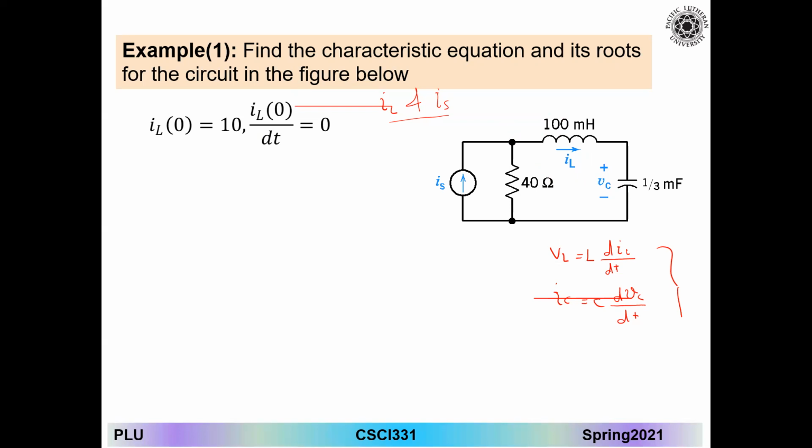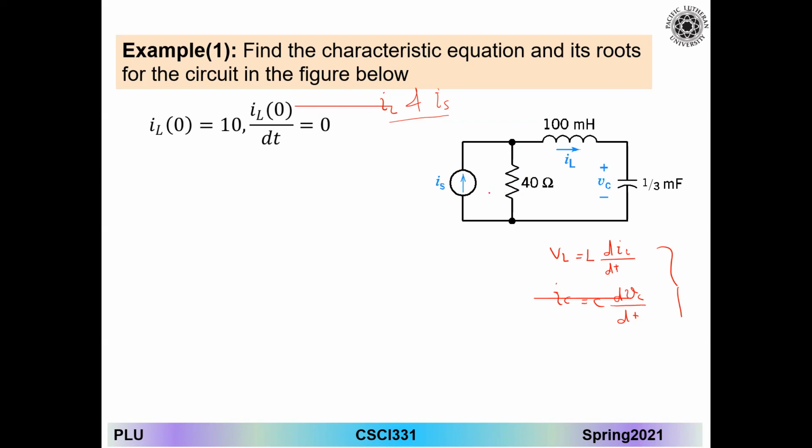Solving the problem means writing the second derivative equation controlled by iL and iS. What do you think? I can solve it by two methods. One method: I can find the current through the resistor, which equals iS minus iL, and this current times 40 gives me the voltage.